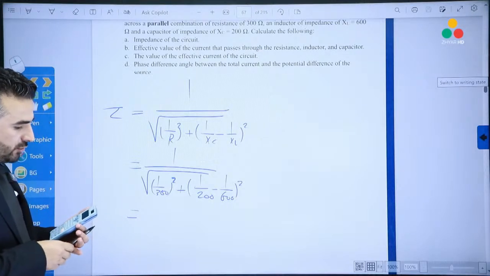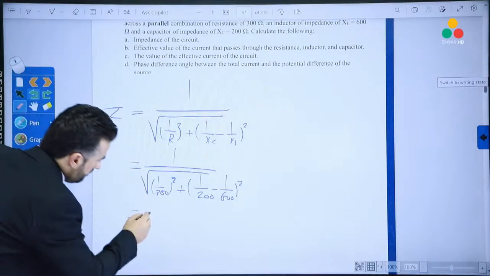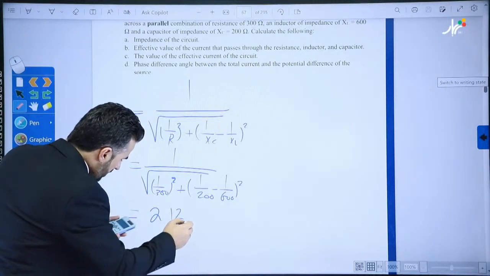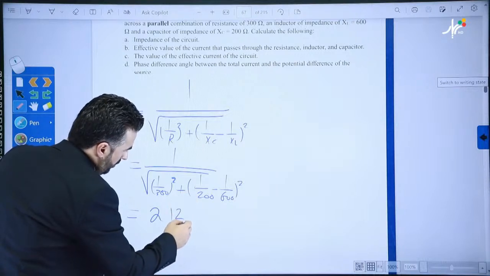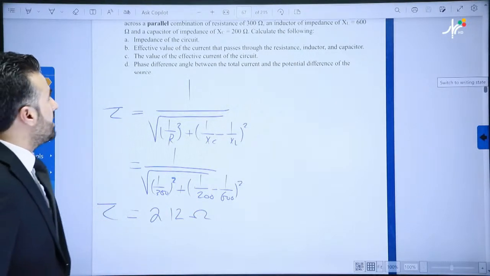So the answer is going to be 212.1, we'll just ignore the 0.1, that is going to be in ohms. This is the total impedance of the circuit here. That is the first part.